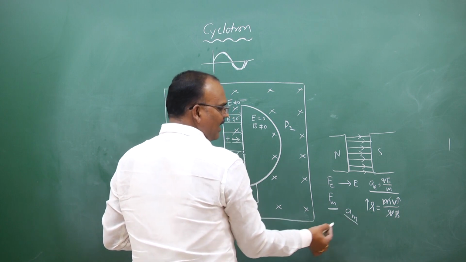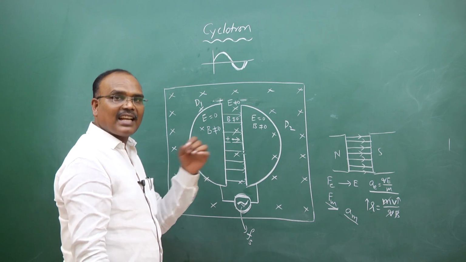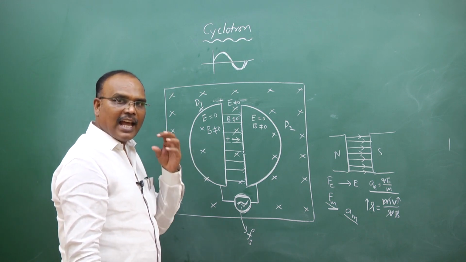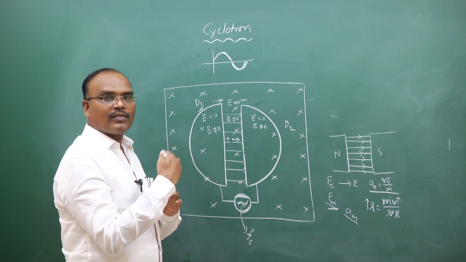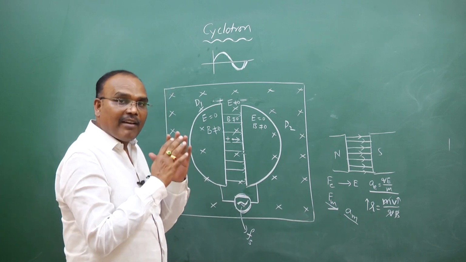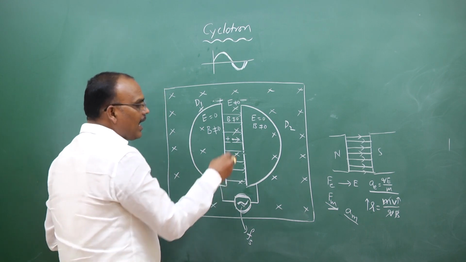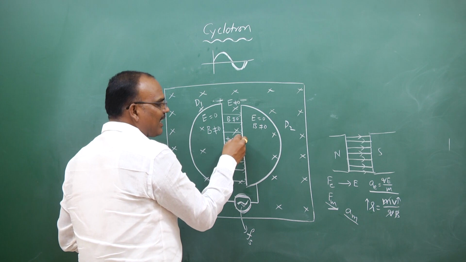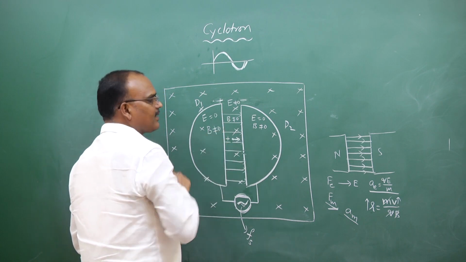This magnetic acceleration and magnetic force are towards the center of the circular path. They are centripetal. These two will change the direction of the charged particle, but they never increase the speed of the charged particle.